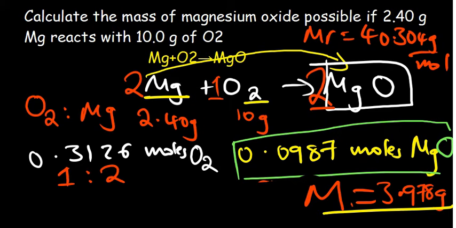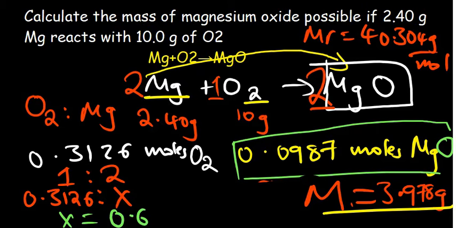So if we have 0.3126, how many moles of magnesium oxide do we expect? I've put X to represent that. So in this case, they are supposed to be doubled. So the number of moles would be 0.6252.